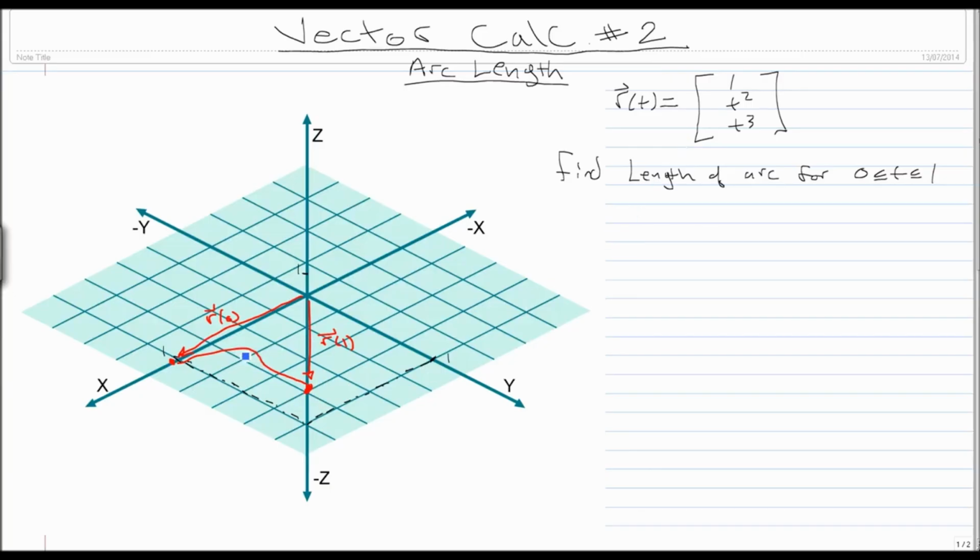So that means that if I zoom in on a little segment of the curve here, so let's say the curve does something like this.